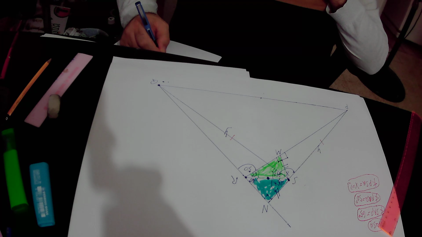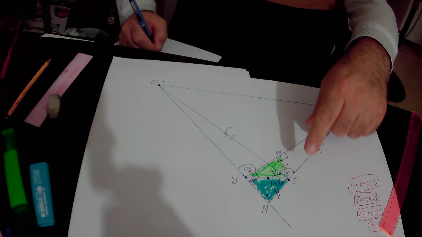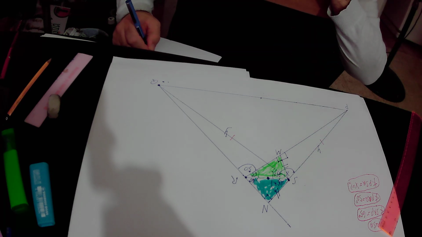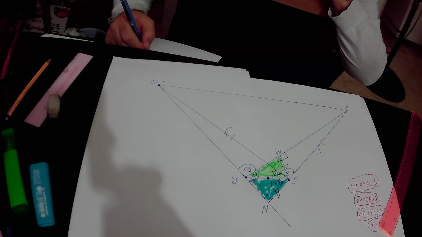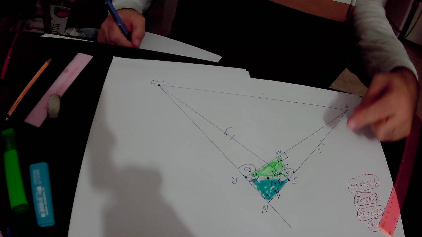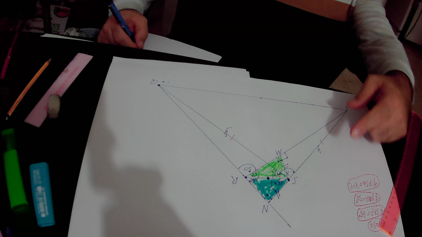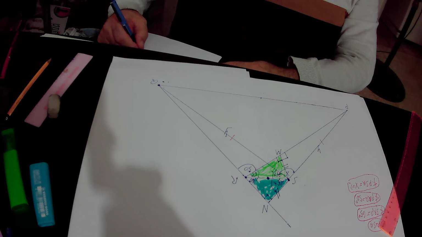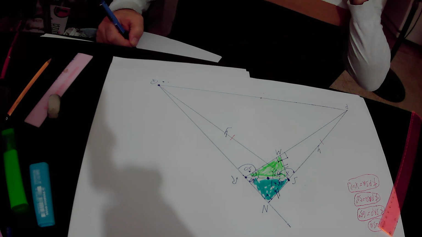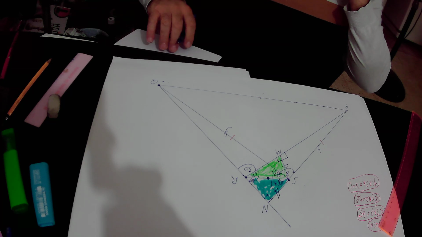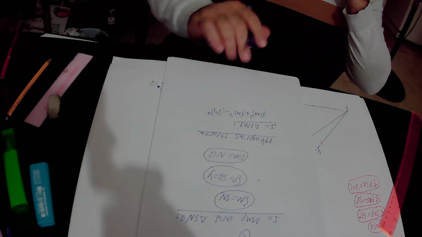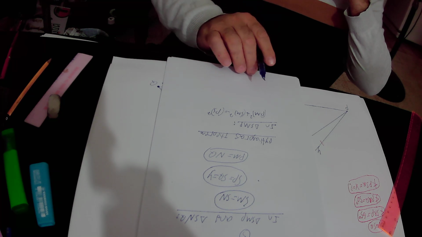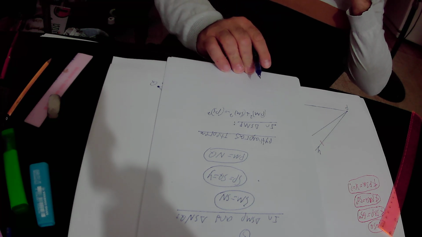PM square plus SM square will be equal to PS square. Okay? According to the Pythagoras theorem, in the right triangle SMP, PM square plus SM square equals PS square.